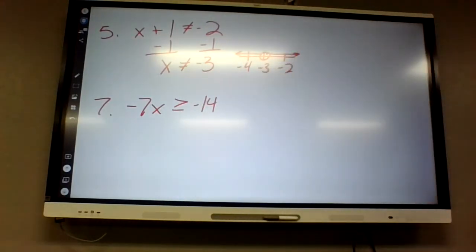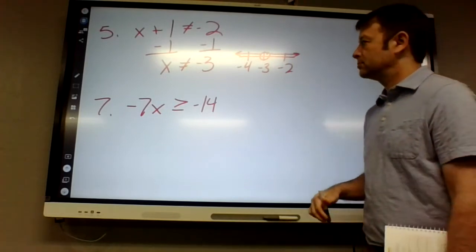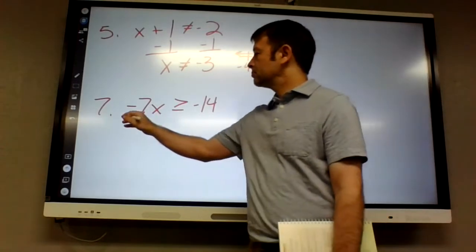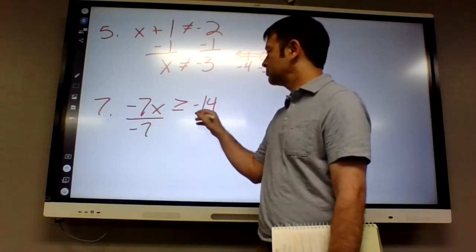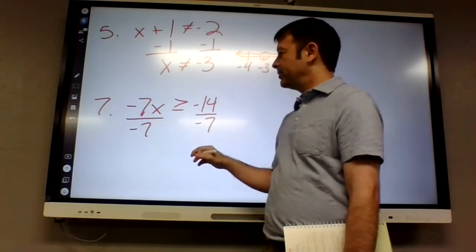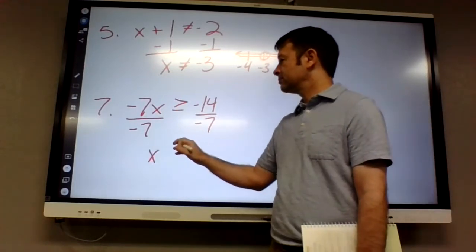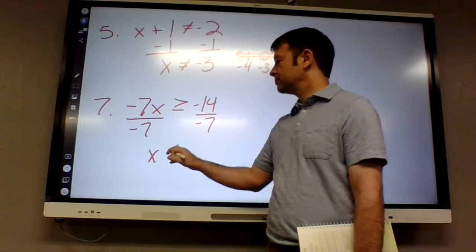What do we do on this one? You would divide by -7. And what would we get for the answer? x is less than or equal to 2.